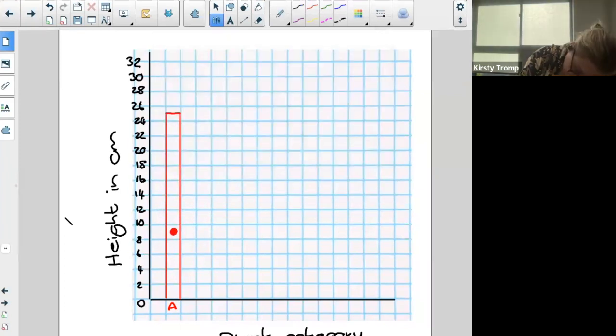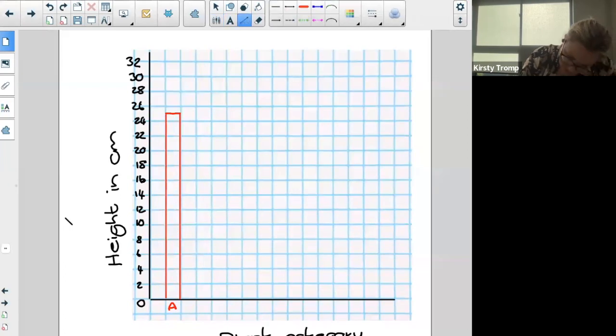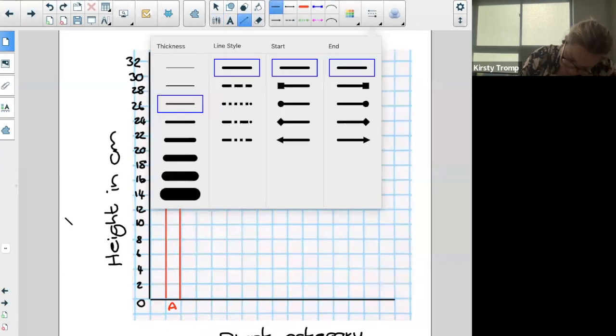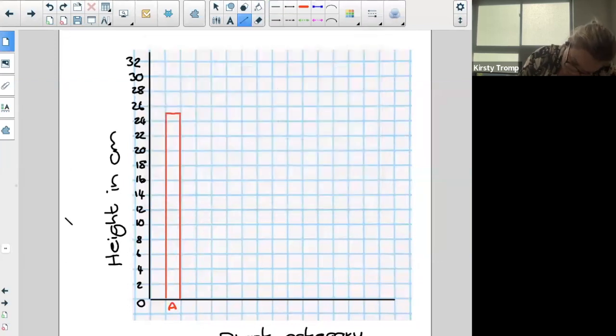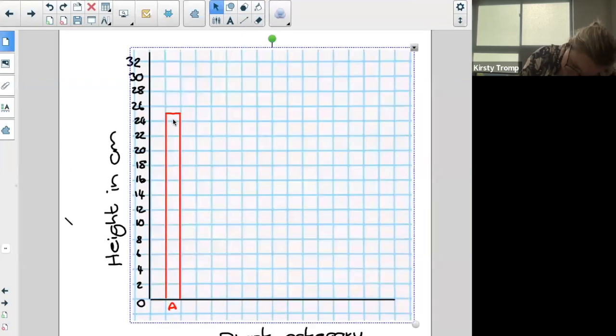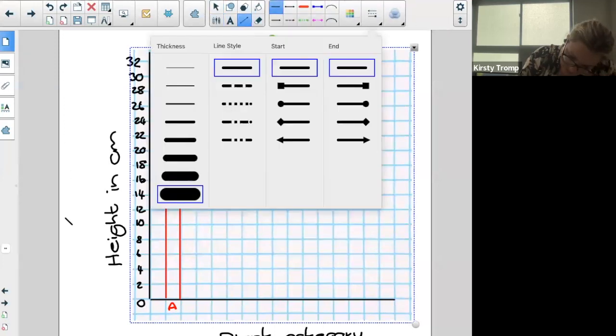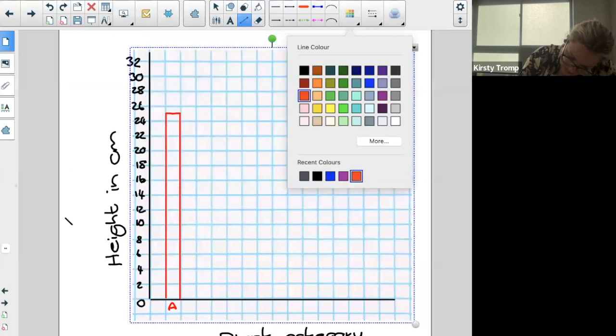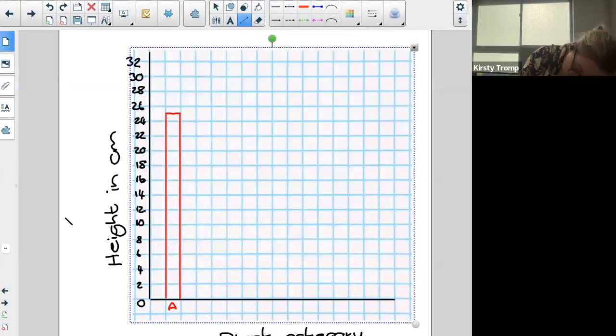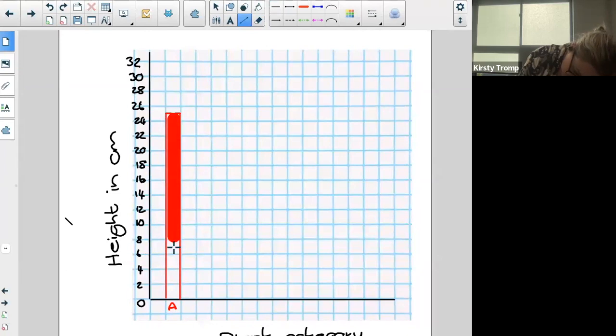I'm going to try to color mine in as neatly as possible because we want straight lines. So maybe a better idea is to do this first. There is my beautiful graph. I'm going to draw that in first, nicely.